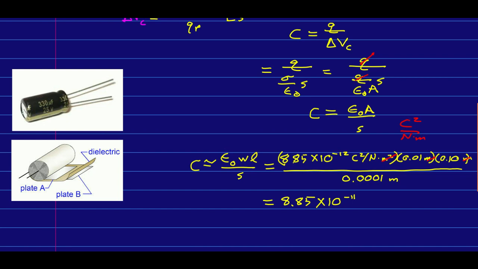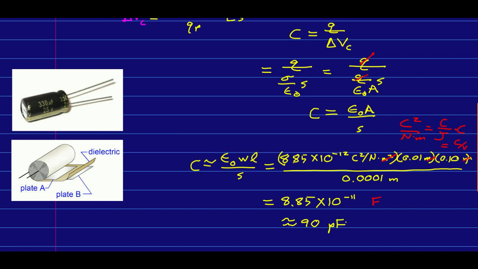That is Coulomb squared per joule, or coulombs per joule times coulombs. And a joule per coulomb is a volt. So that's coulombs per volt, which is what we knew it had to be. That's farads.